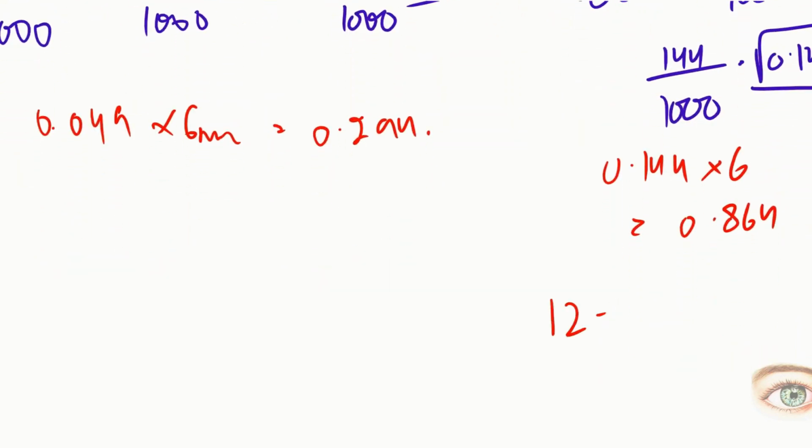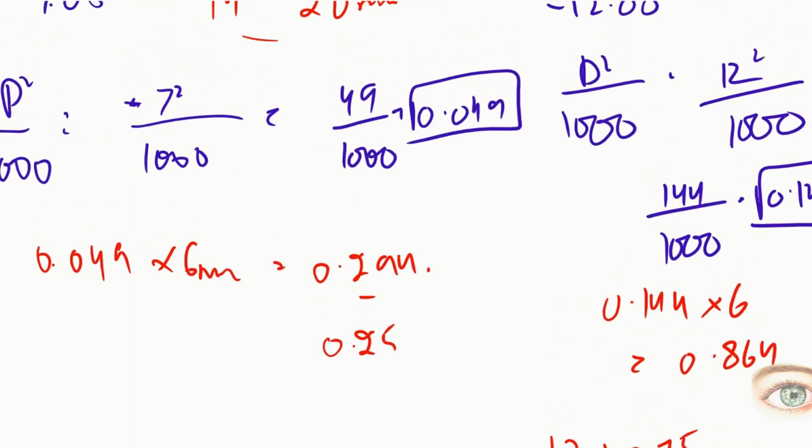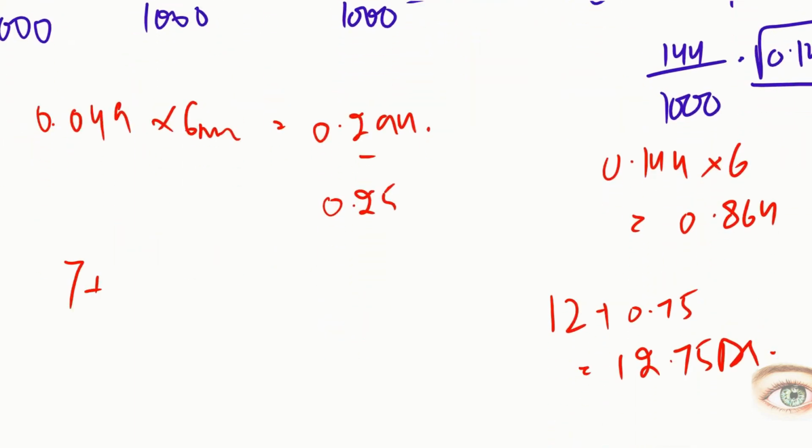Now I will actually add 0.864, so it is clinically significant to minus 0.75. I'm going to add 0.75 and that is going to make 12.75 diopter sphere. And right over here, this right here is clinically equivalent to 0.25. So I'm actually going to add, that was 7, right? I'm going to add this in 7.25.